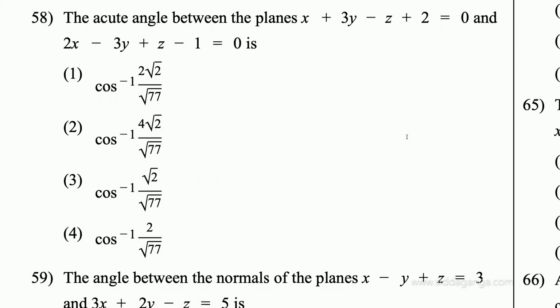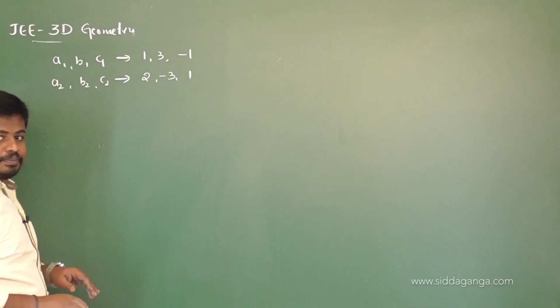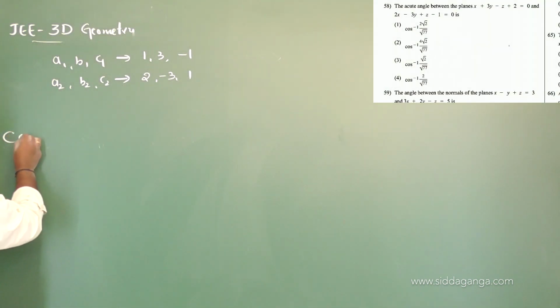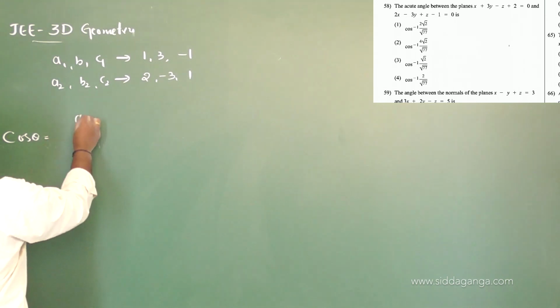a1, b1, c1 are 1, 3, minus 1, and the ratios of the normal for the second plane, a2, b2, c2, are 2, minus 3, 1. By using this, the angle between the two planes, cos theta, is equal to a1 a2 plus b1 b2 plus c1 c2 over the product of the magnitudes.